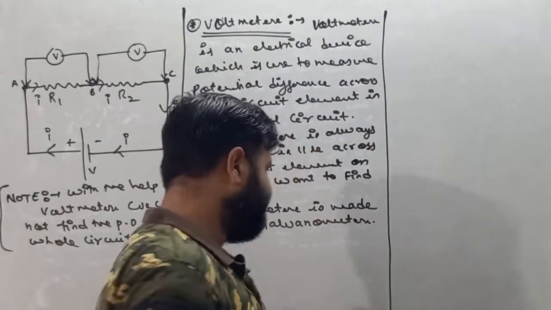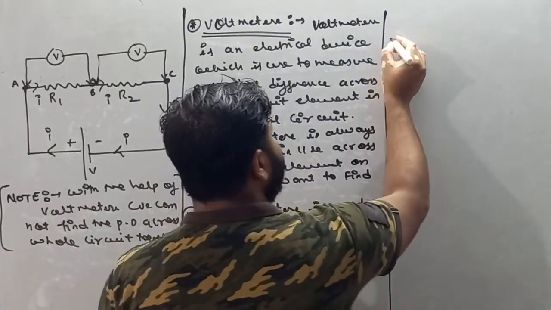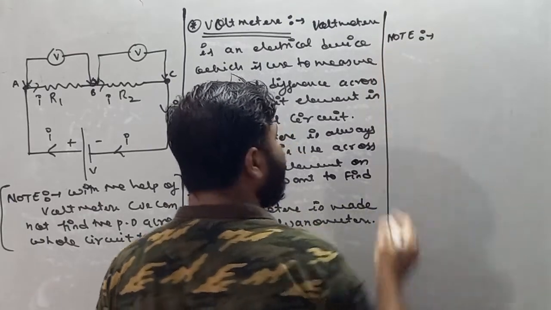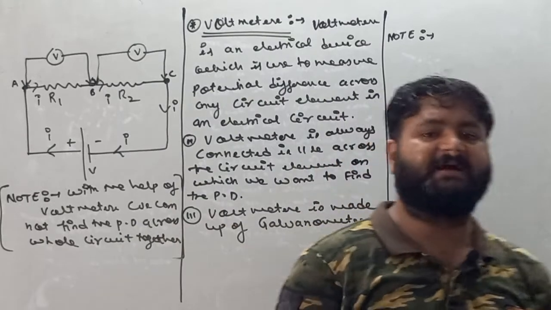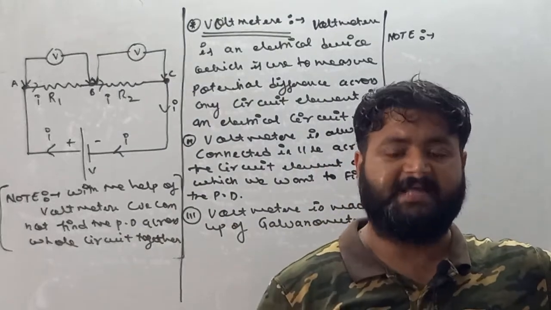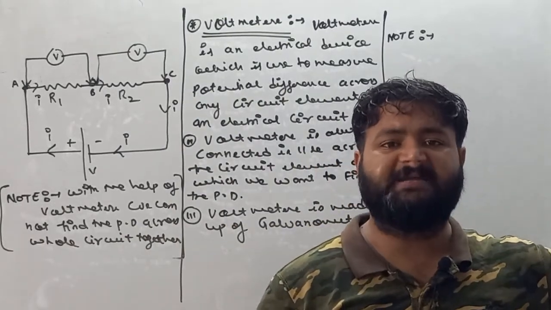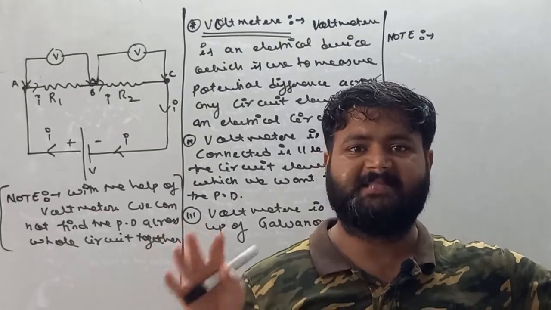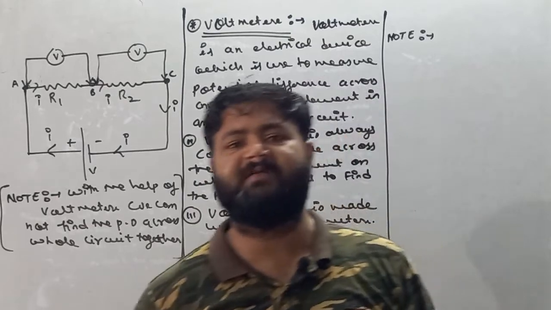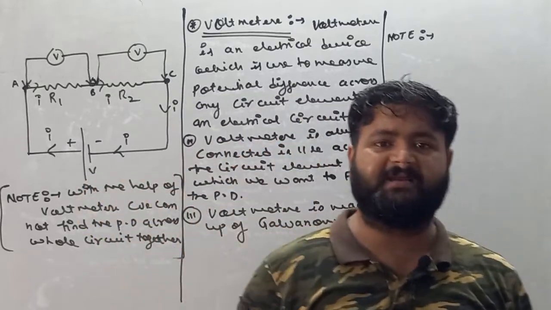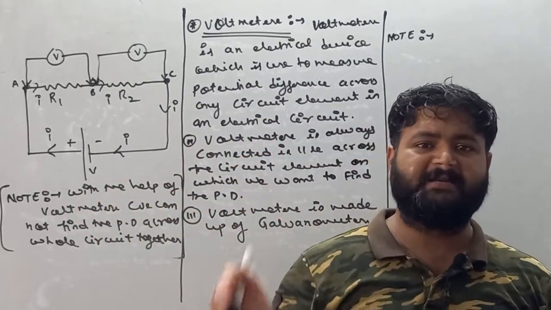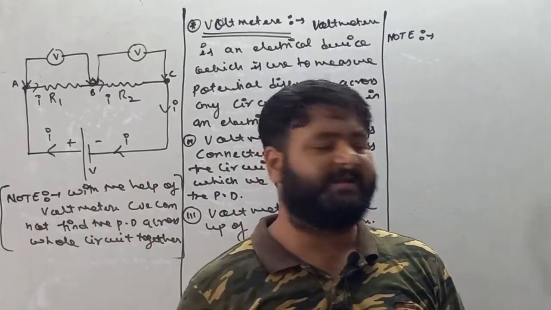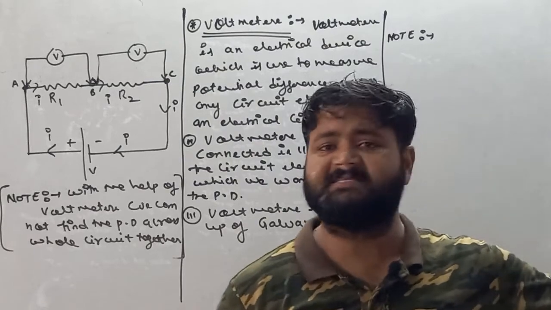Now check it out. If we are making a device which measures current, that is an ammeter, then a good electrical measuring device is one whose resistance is low. That's why we connect a small value resistor parallel to the galvanometer so that the net resistance decreases and hence the value of current given by the ammeter is accurate.